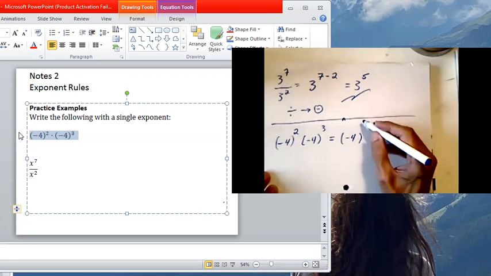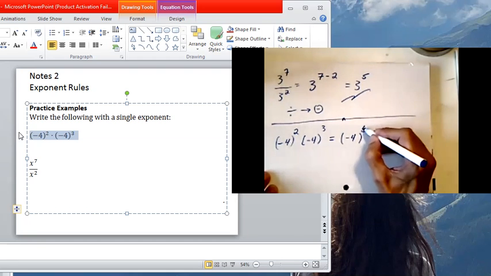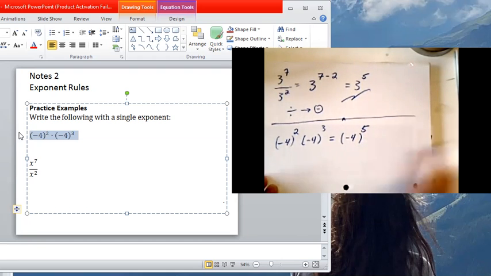Haneen says 5. Shota, what do you say? 5 as well. I think so. 5. Nice. Good work, you guys. Okay, so that's good for that one. But we don't put minus. We put the number without the minus, right? Because it's the same sign. So minus and minus goes together or not? Or what do you think?